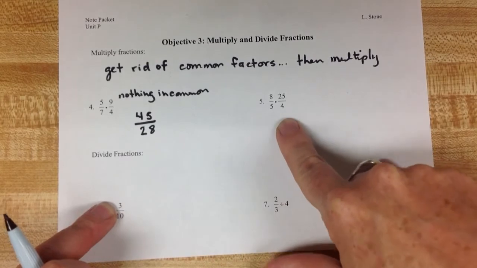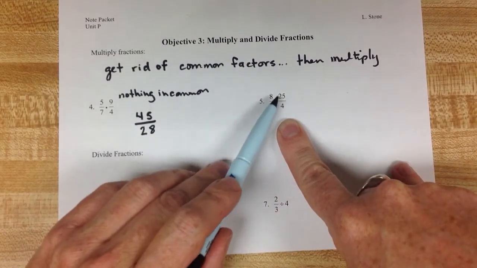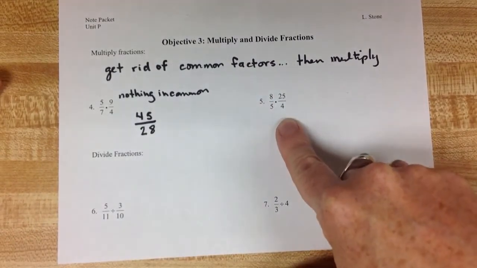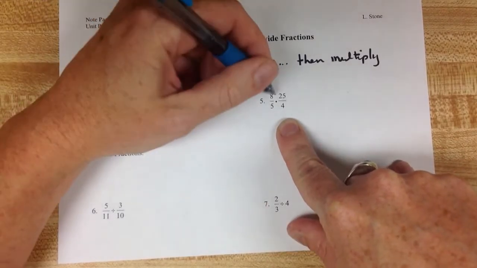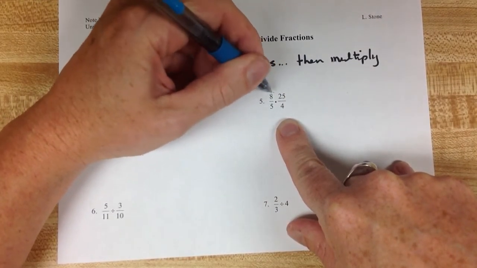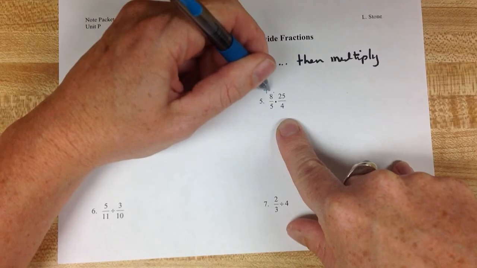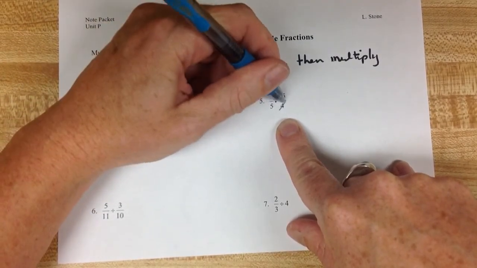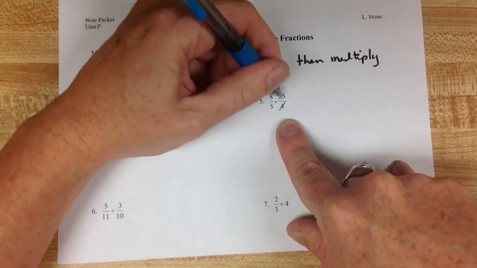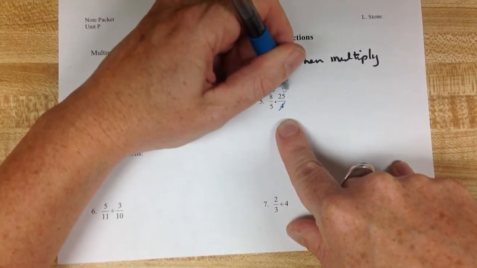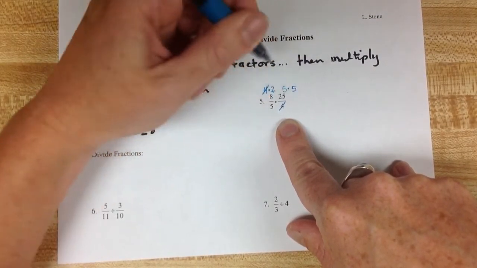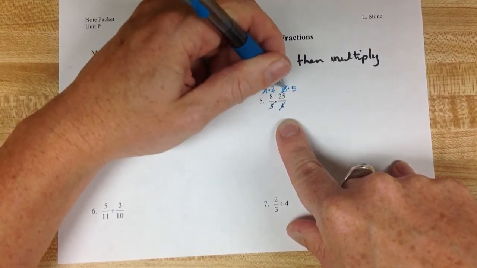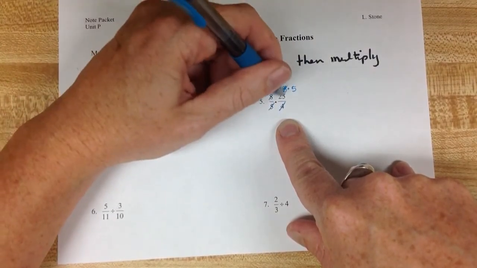Looking at the next problem, 8/5 times 25/4, we've got a lot of 1s we can get rid of here. The 8 is really the same thing as 4 times 2, so that lets us get rid of that pair of 4s. And 25 is the same thing as 5 times 5, which lets us get rid of a pair of 5s.